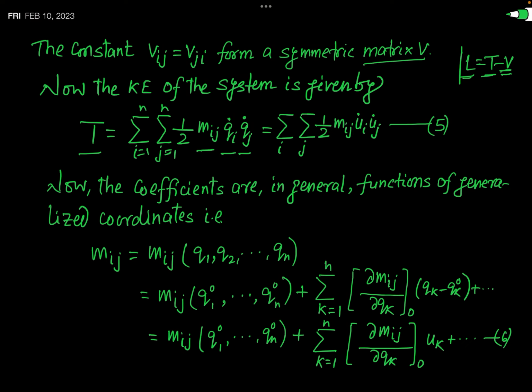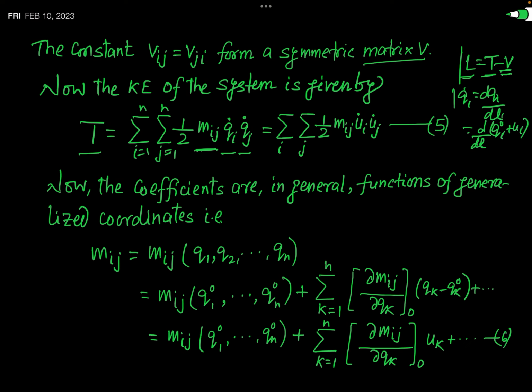But don't treat this coefficient directly as a mass, because when you say mass of the particle in classical physics, that is a constant. But this Mij in general is not a constant, as you will see just now. Qi dot means dqi by dt. But you know that qi is equal to qi0 plus ui.